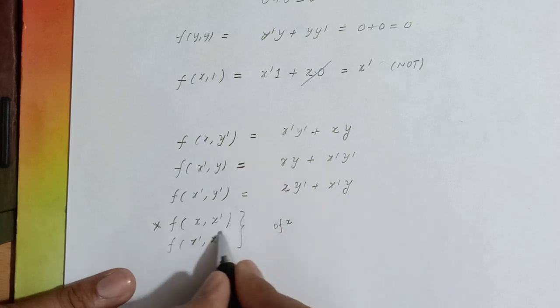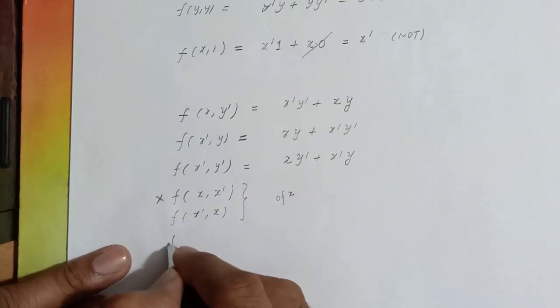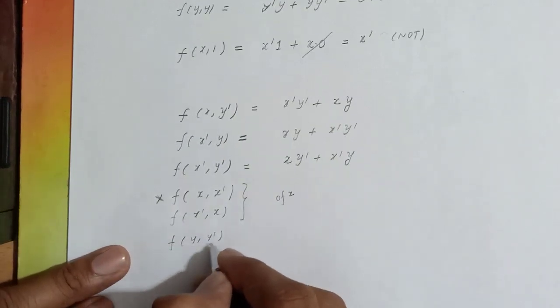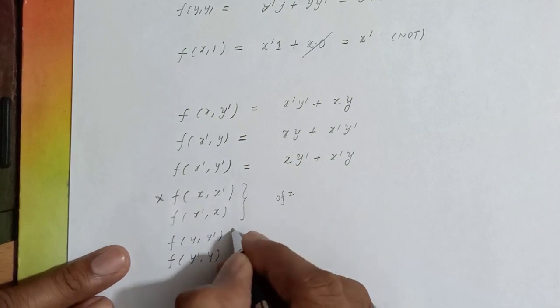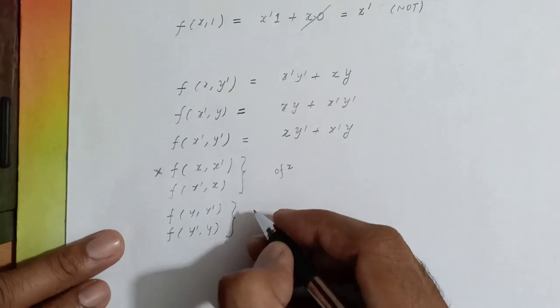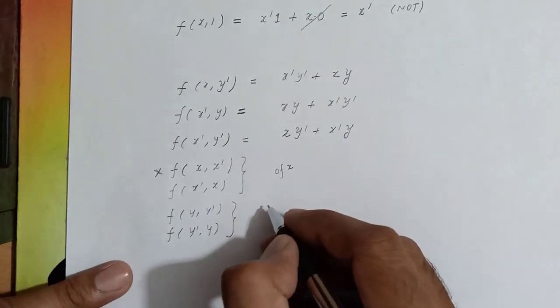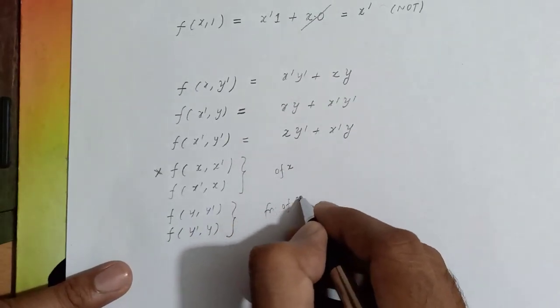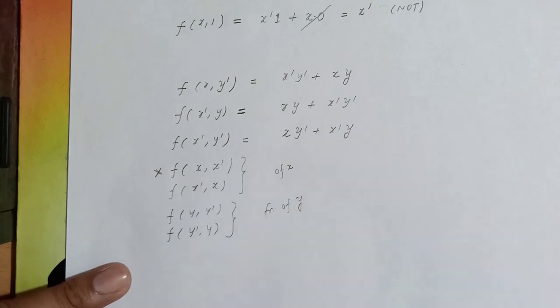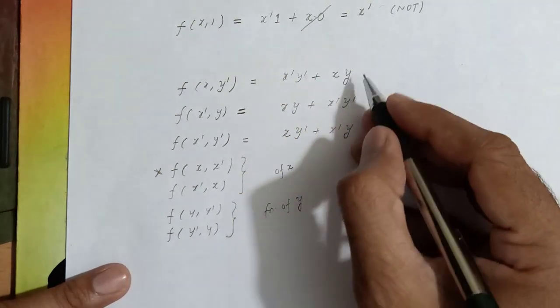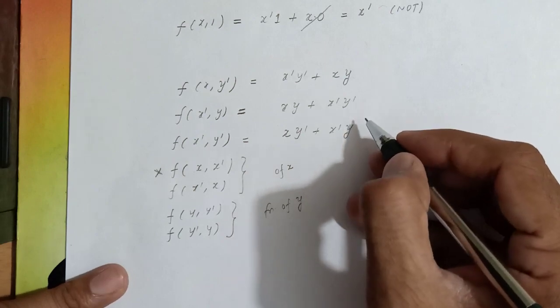Similarly, we should also not try f(y', y), since these will give only functions of y. So clearly we are not able to generate the OR operation here.